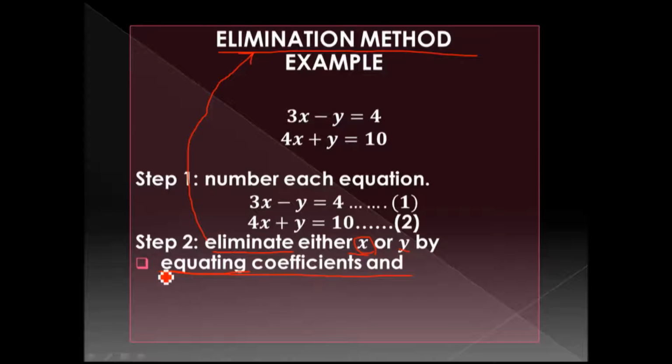The definition of equating, which I'm going to use in context of this topic, is to make the coefficients of x identical. So we have to make 3 and 4 identical. Alright, that is what I mean by equating the coefficients of x or the unknown to be eliminated.